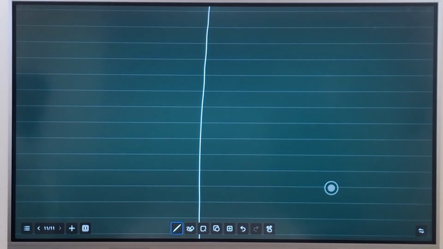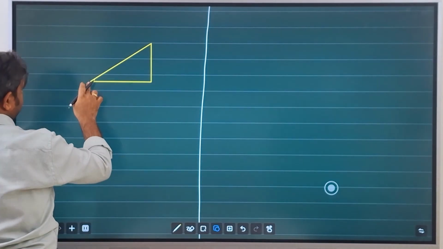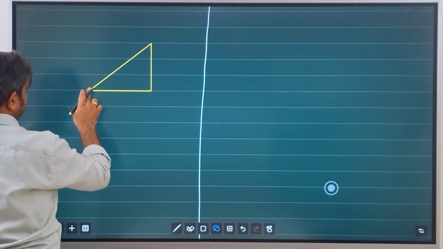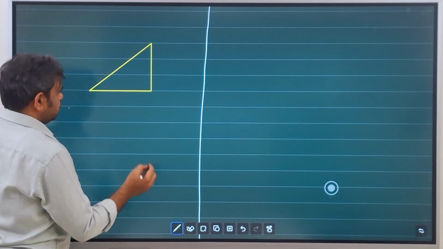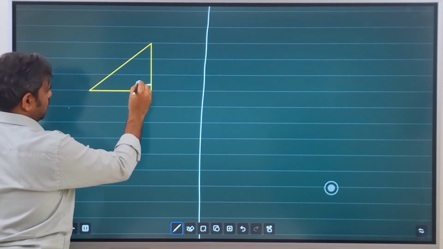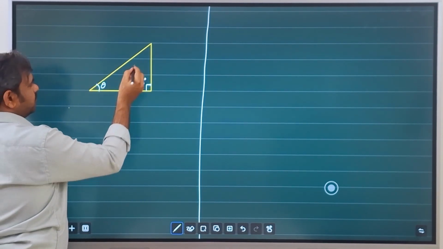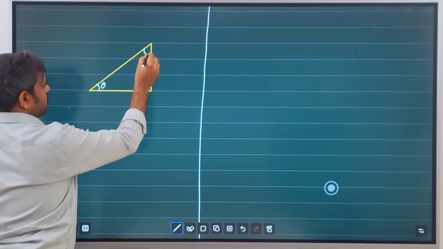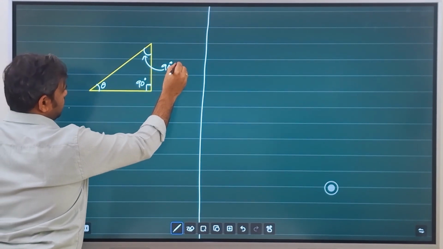Alright. Take a right angled triangle. Take any right angled triangle. So here, this angle is 90 degrees. If I say this angle is theta, the other angle is, of course, as you already know, 90 degrees minus theta.